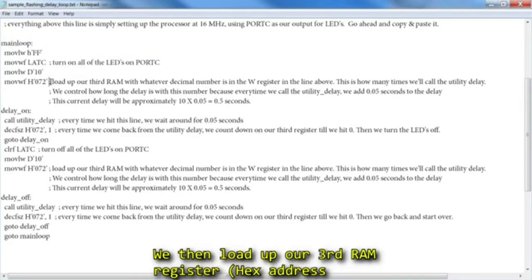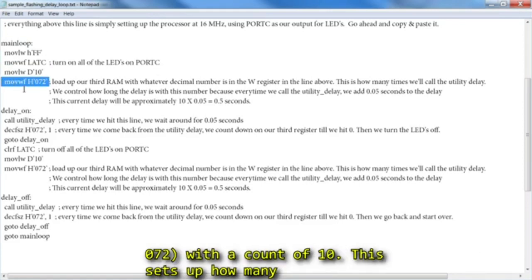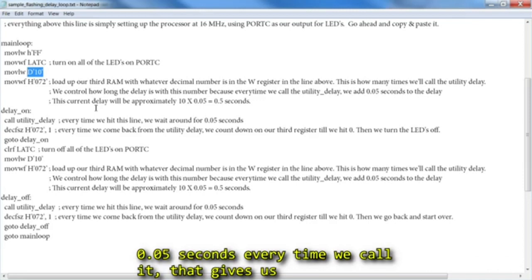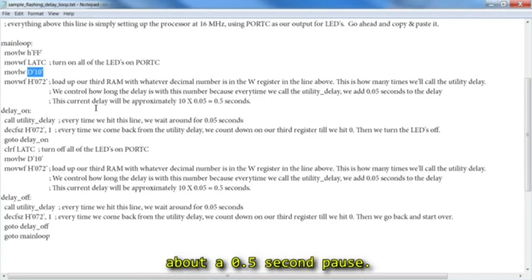We then load up our third RAM location, RAM register, hex address 072, with a count of decimal 10. This sets up how many times we call the utility delay subroutine. And at 0.05 seconds every time we call it, that gives us about a 0.5 second pause.